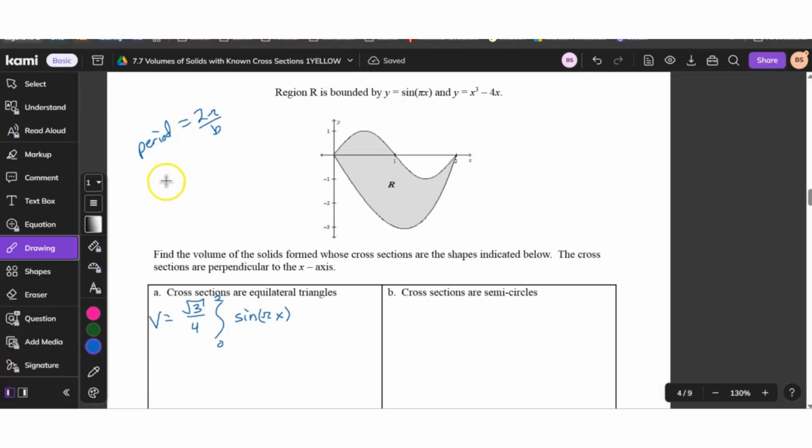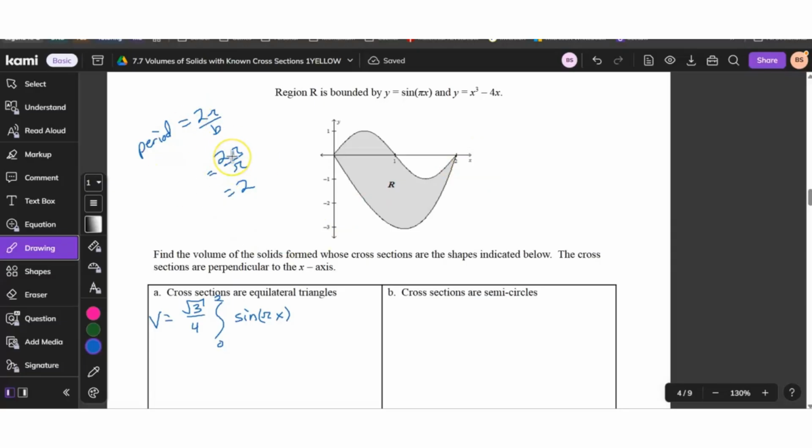So if in our case b is pi, that would mean that we have 2 pi over pi, right? Which means it's 2, and so this is the one that has a full period. If this was my sine function, it's also a little bit skewed, but let's pretend it wasn't as skewed, and you were like, well, maybe that's just half of the sine function. Well, it can't be because the period has to be 2. It needs to complete a full rotation by 2. So that's how you can tell, okay?